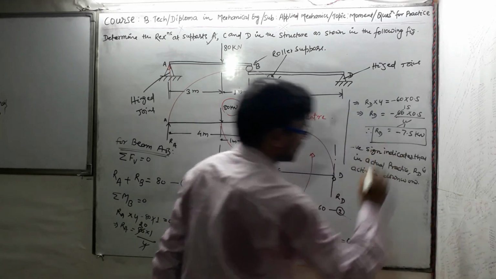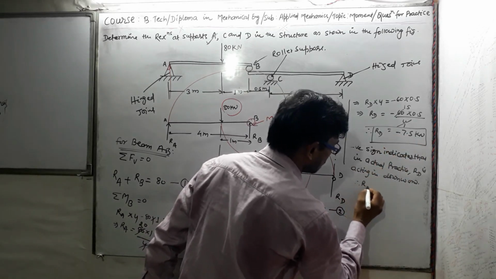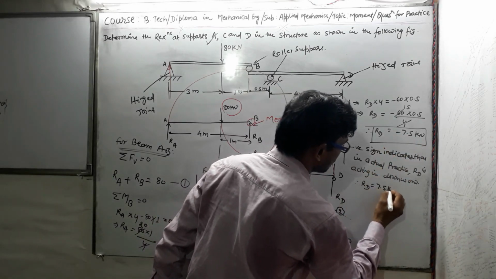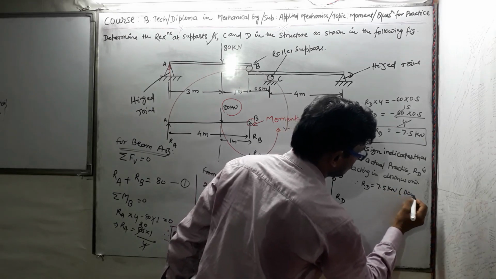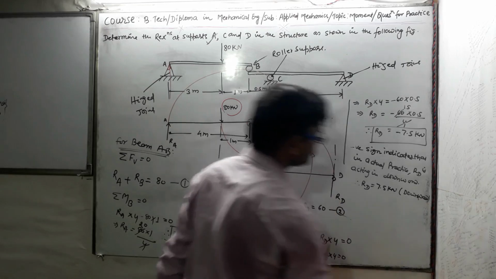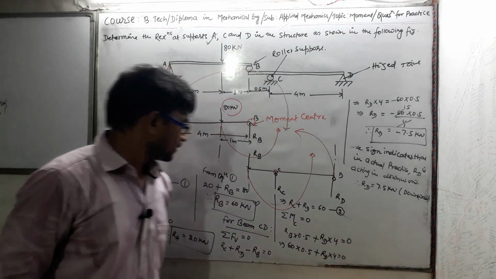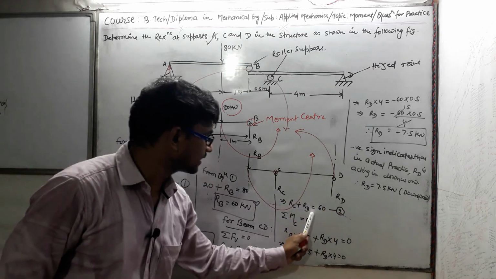So the RD value is 7.5 kilonewton in the downward direction. Now once you get the value of RD, putting the value of RD in equation 2, we will get RC.